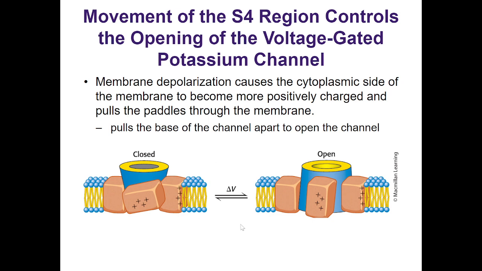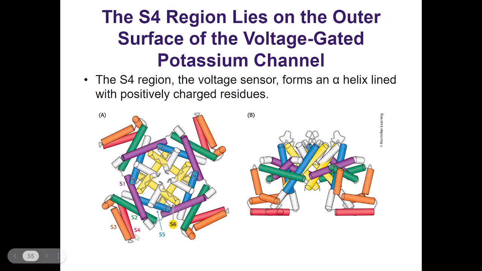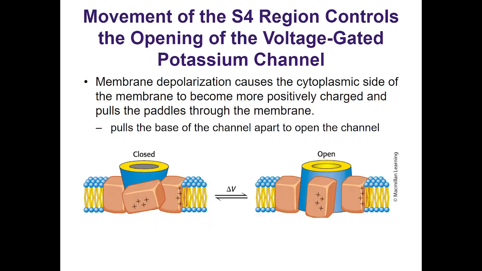Right. The movement of your S4 region is going to control, again, that's your voltage gate right here, your S4s. Okay, what are the charges on the voltage gate? Positive, right? Okay. So your movement of your S4 region is going to control the opening of the voltage-gated potassium channel.